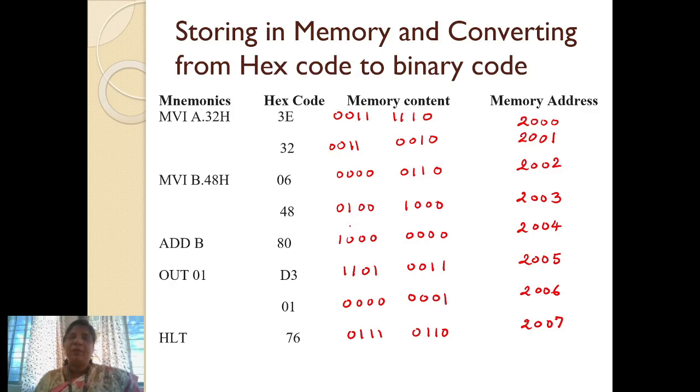First is 3E, so you push the 3 and then E and then press the store key. You repeat these steps until the machine code 76H, and then reset the system.